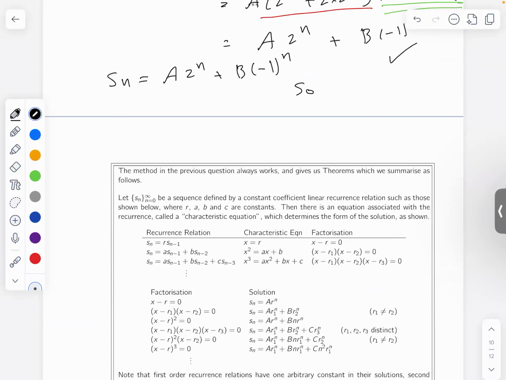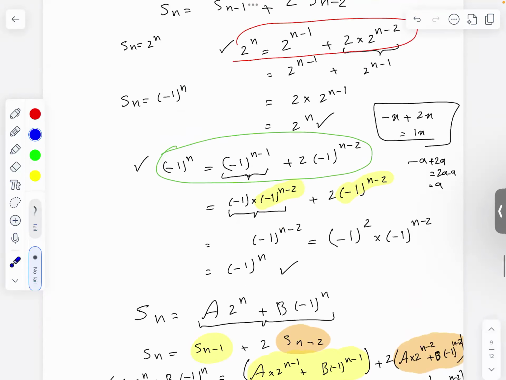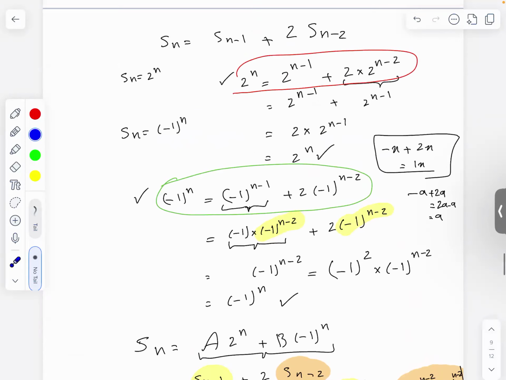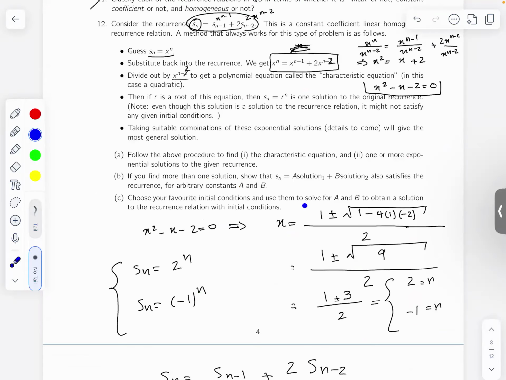So S0 something, say 1, S1 for example 2. If we have S0 equal 1, S1 equal 2, then we can find A and B. I just chose initial conditions by chance. Okay? To solve for A and B.